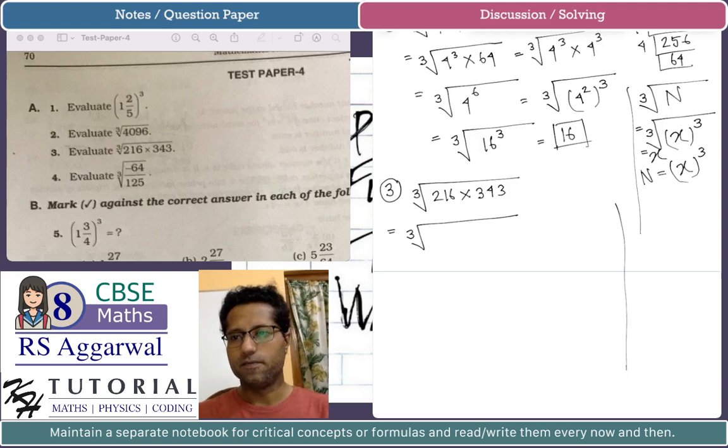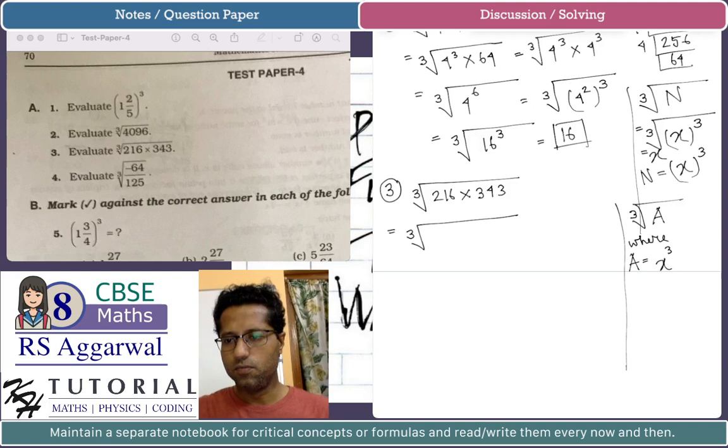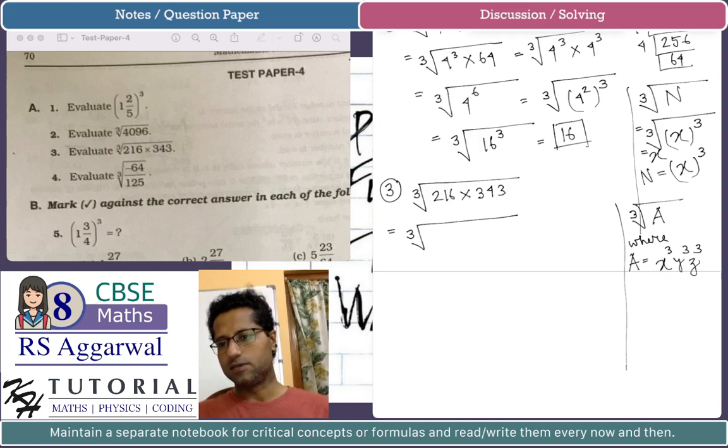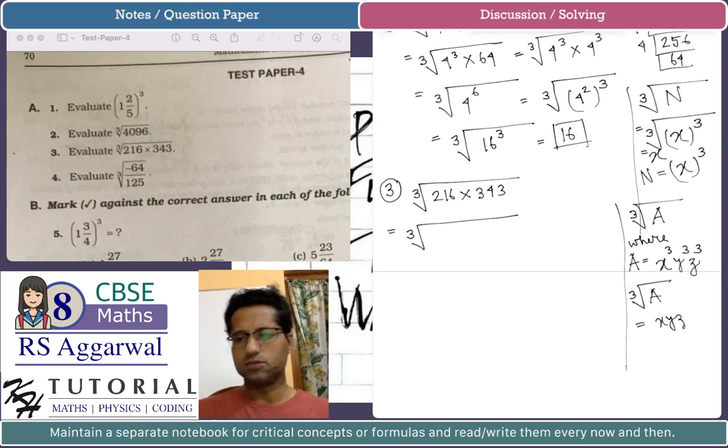Let's say if you are asked to find the cube root of a, and if you can somehow express a as the product of x cube, y cube, and z cube, then definitely I can say that cube root of a will be equal to x, y, z. So this is the idea.